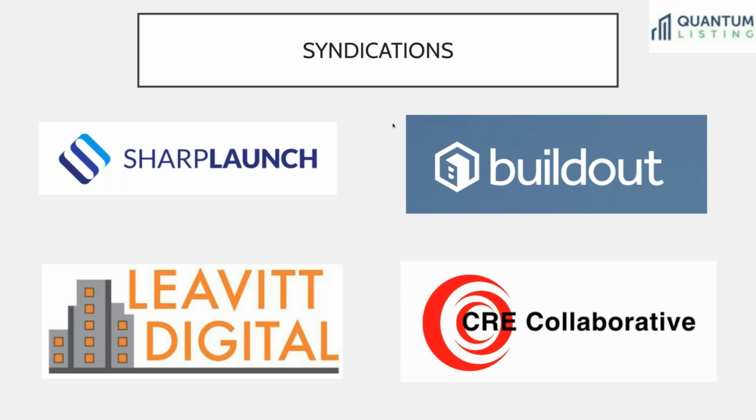They also help you build beautiful websites. If you are a member of Sharp Launch or Buildout, you can choose, with Buildout you have to opt in, to syndicate your listings to us at Quantum Listing. And as you make changes on Buildout, those are going to get sent over to us right away.